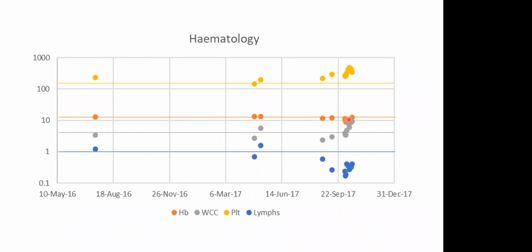That's that orange color here, dropped a bit right at the end. The white cell count again tended to be a bit above and a bit below the lower limit of the normal range, went up right at the end slightly. Platelets were generally all right all the time. And lymphocyte count, there was certainly a lymphopenia tendency right at the end of her illness.